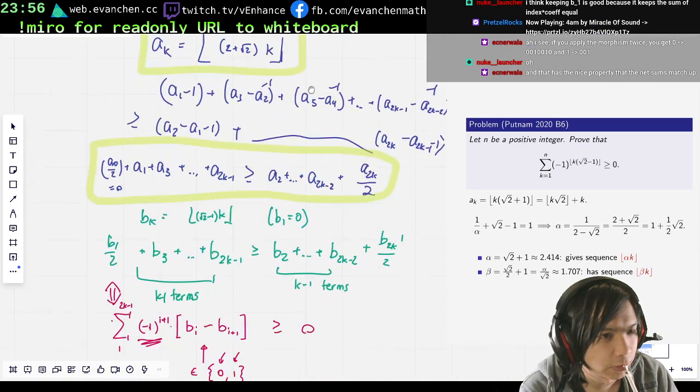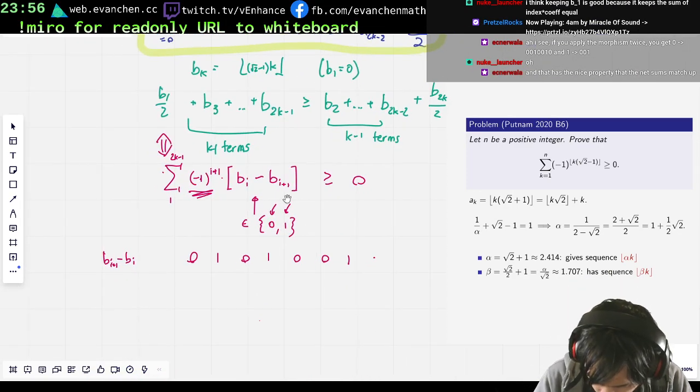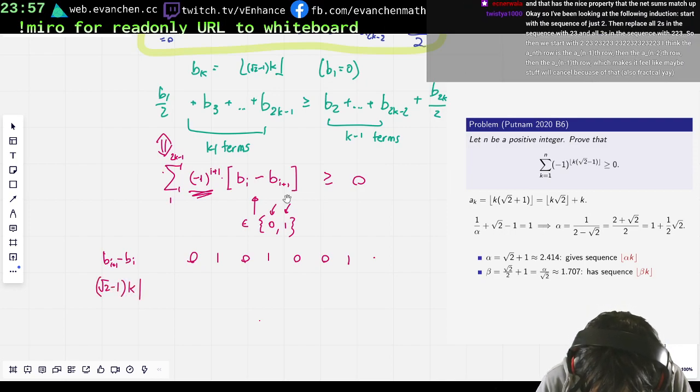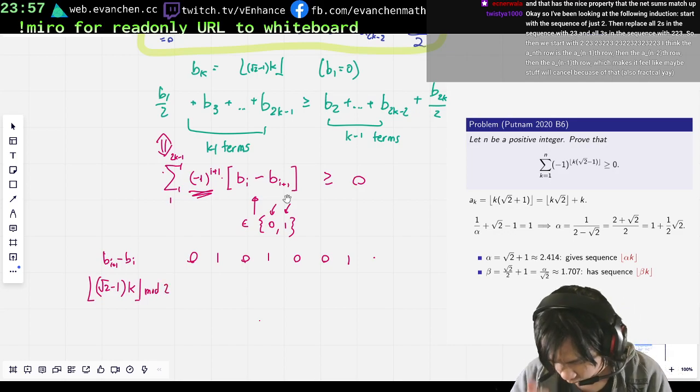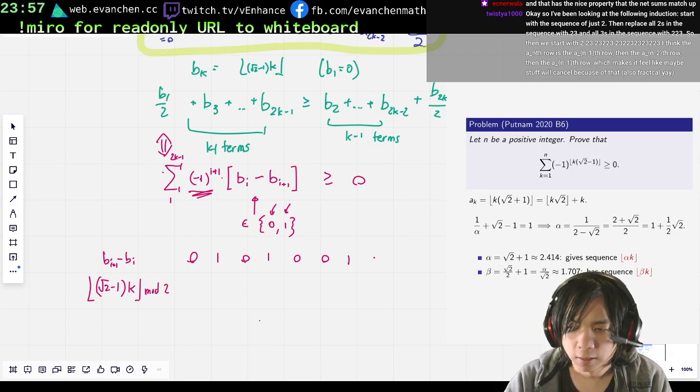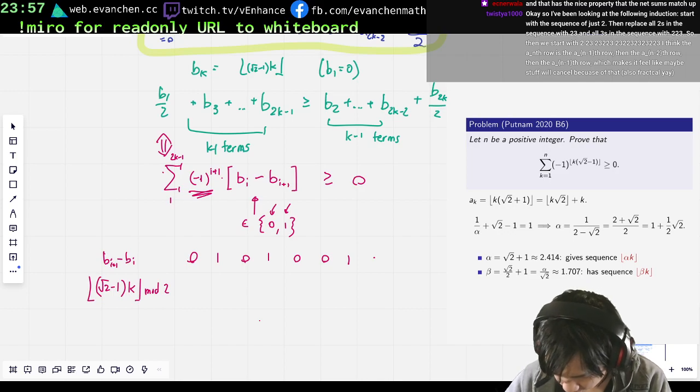Well, we'll call this root 2 minus 1. Okay, let me verify to myself that this does what I want.